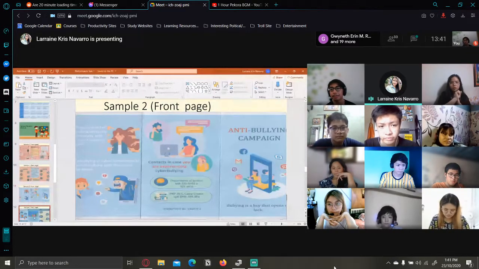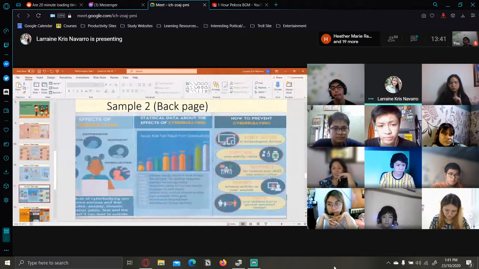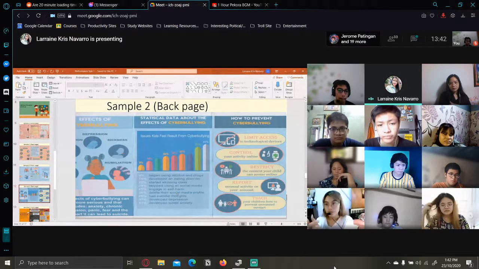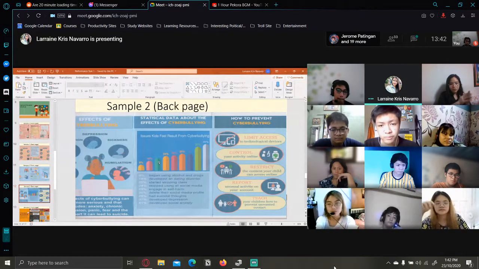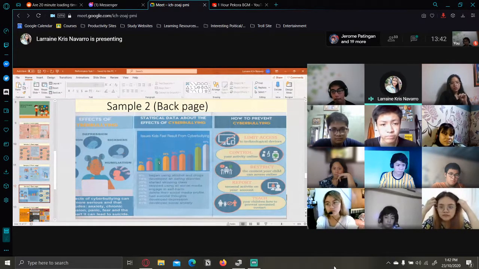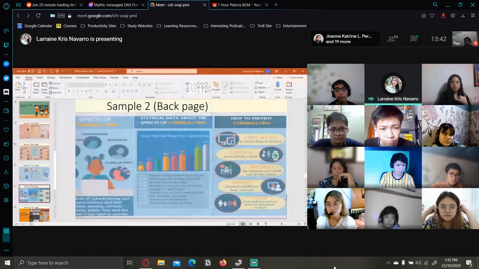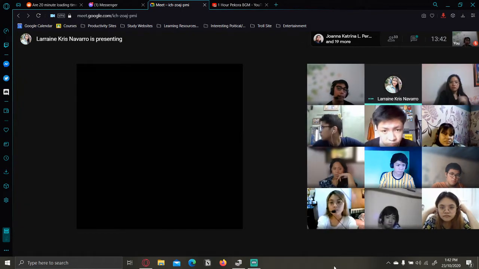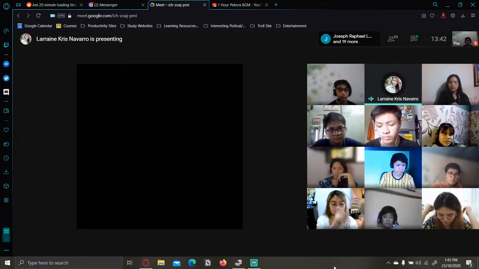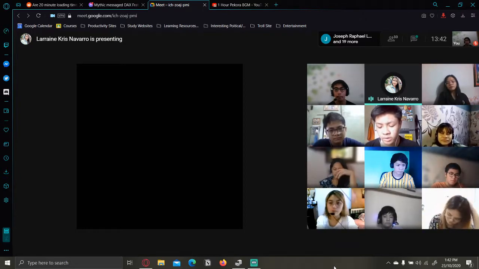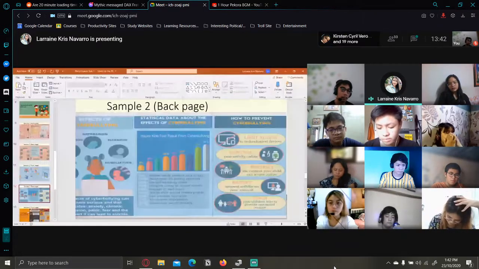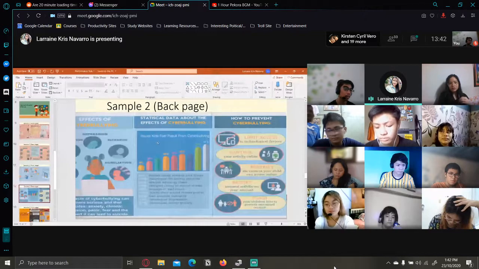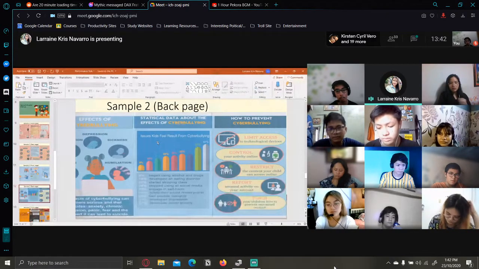And good thing about this example, people, is that on the back page, the students here considered using a graphic organizer. So that's what I'm telling you a while ago. It is also important to show or to present information using a graphic organizer. So as what you can see here, they provided statistical data about the effects of cyberbullying.